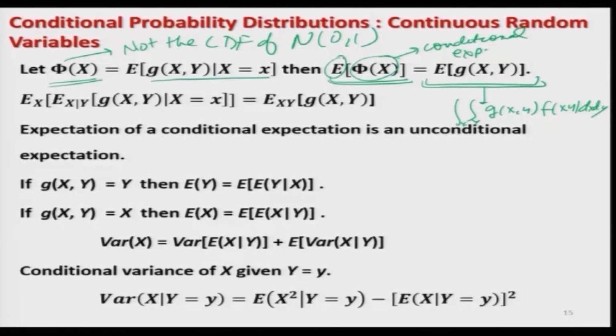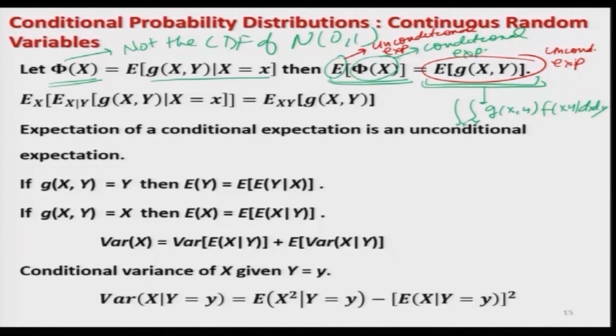This E is the unconditional expectation. So, you are taking an unconditional expectation of a conditional expectation, and this is coming out to be the same as the unconditional expectation. That is a very important result.